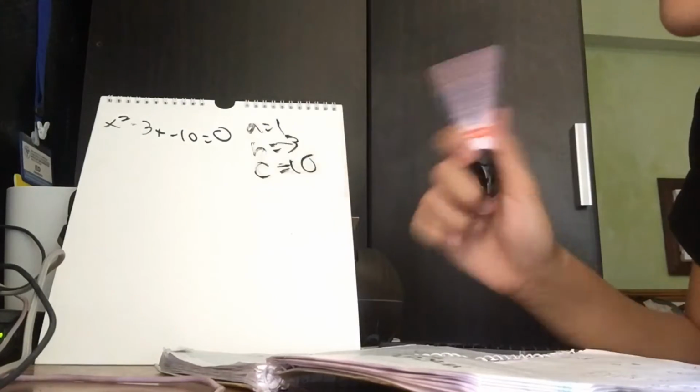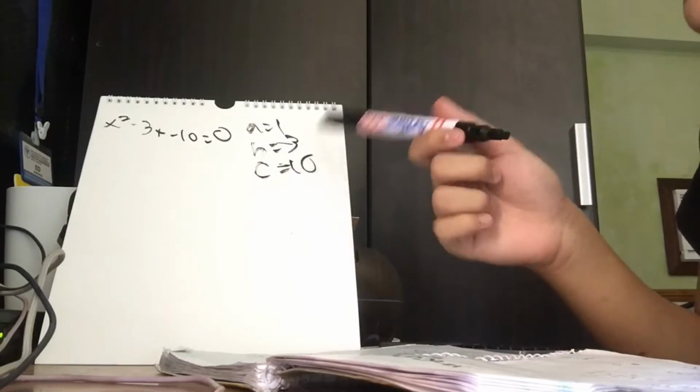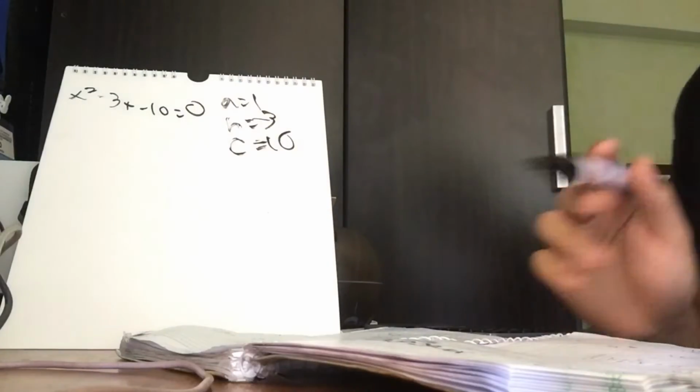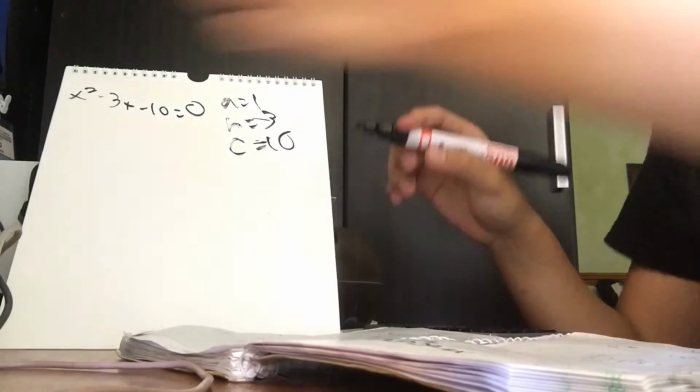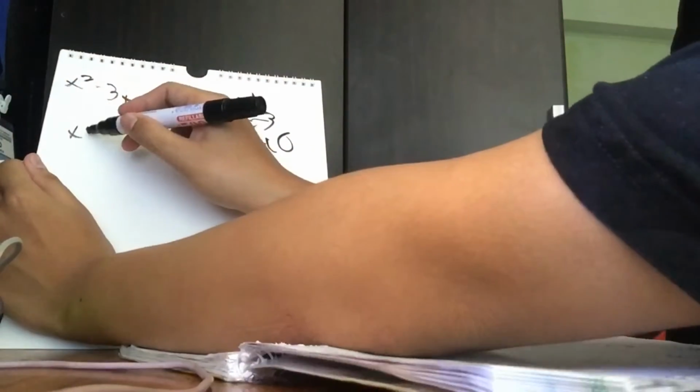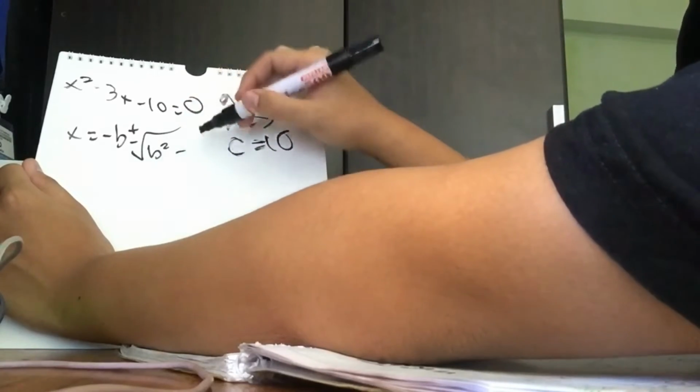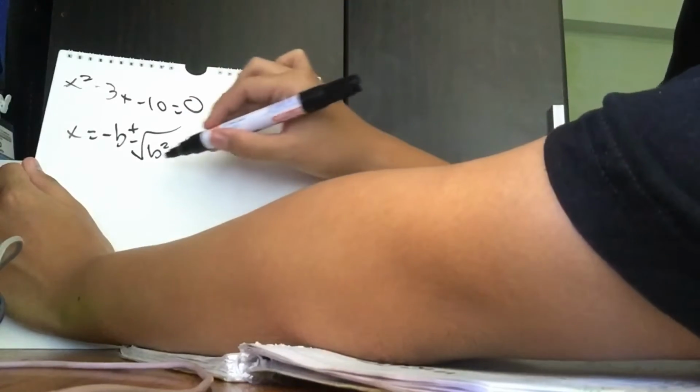Now we've got our values. Solving it is pretty straightforward. We just need to use the formula. Once again, our formula is x equals -b plus or minus the square root of b squared minus 4ac, all over 2a.